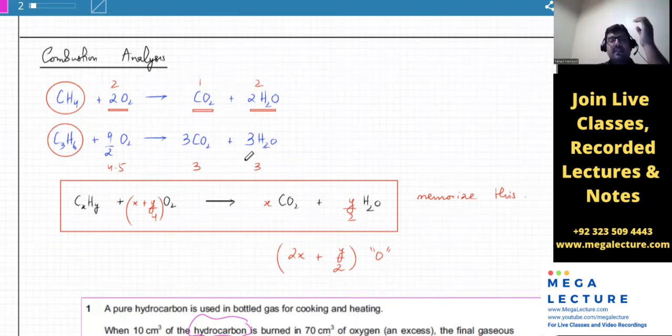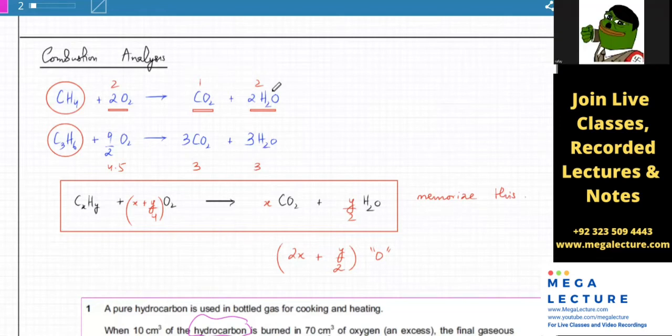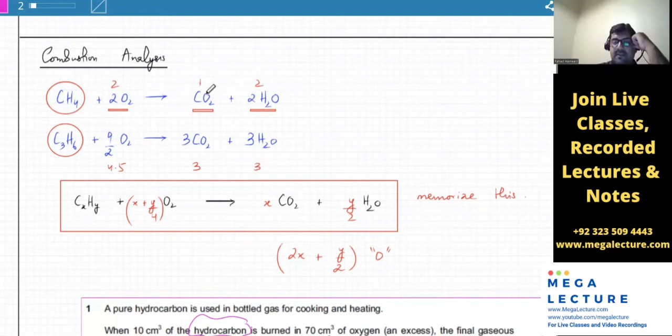So then the number of oxygens on this side and the other side must be balanced, right? If I have 6 oxygens plus 3 over here, that's a total of 9 oxygens on the right side, right? So what number do I multiply over here? That's 9 by 2, half of that, right? Yes, sir. Over here, if I have 2 oxygens and 2 oxygens, that's a total of 4 oxygens, right?